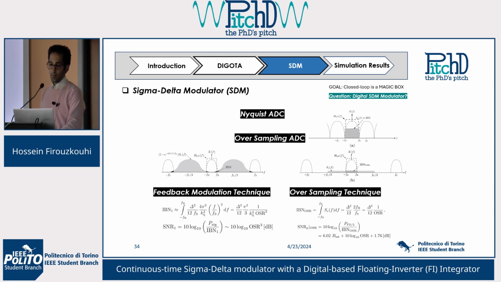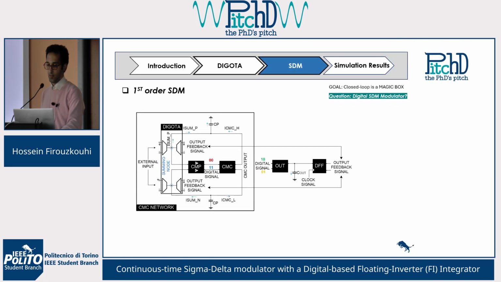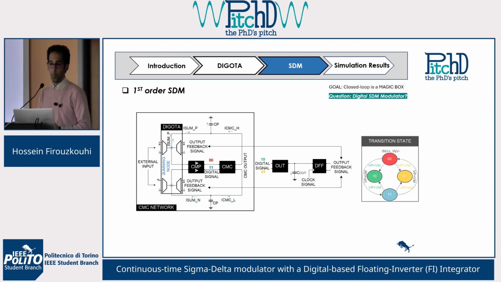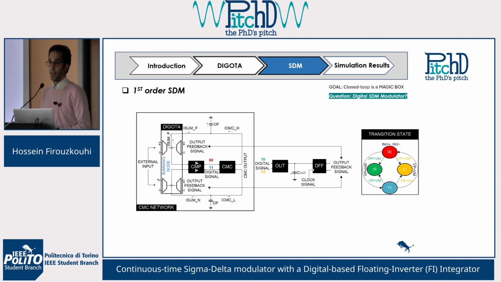And this is necessary to understand. So for the first order sigma delta modulator, the question is whether it is a possible solution for implementation of the ADC in a digital manner.